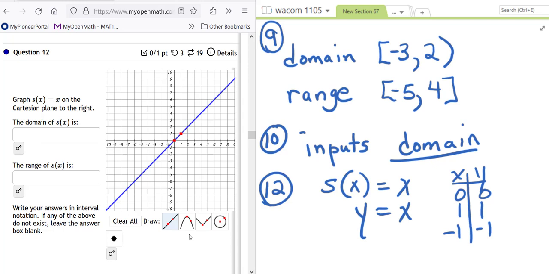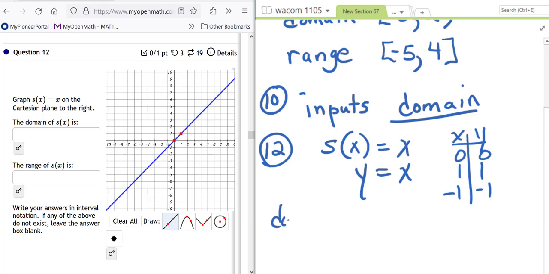And so domain is how does it act going to the left? It goes forever to the left, right? That is to negative infinity. How does it act going to the right? This piece up here goes forever to the right.